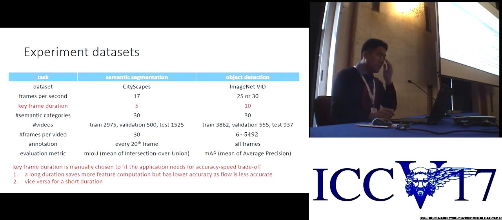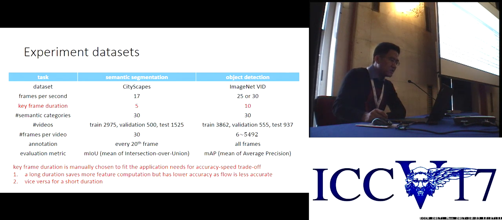Okay, and we did extensive experiments of video recognition on 2 datasets. Those are the best datasets we could have till now, and much better datasets would definitely be a powerful engine for the research of video recognition. For semantic segmentation, we did experiments on the Cityscapes dataset. It has a very low frame rate.